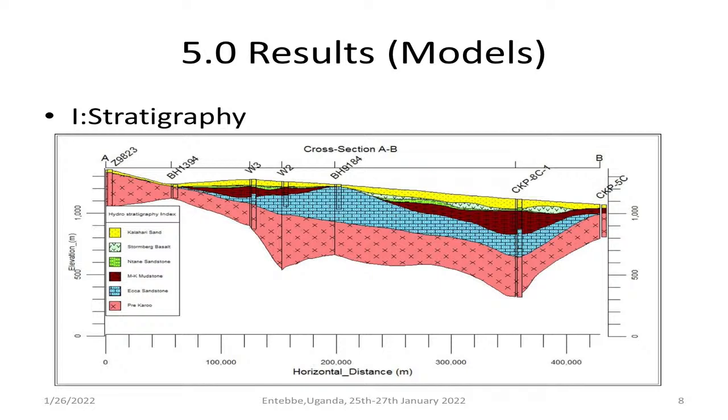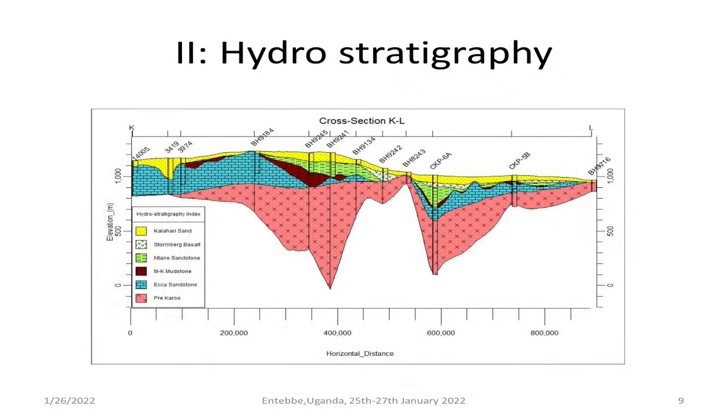As you can see, we came up with 5 layers, in which the basement was the pre-Karoo geology, followed by the Eka sandstone, then the mudstone in between, and the basalt. And on top, we had the Kalahari sand. Next, please.